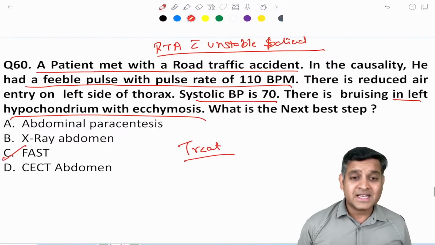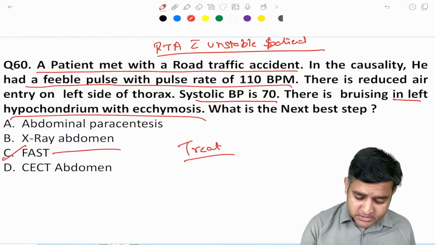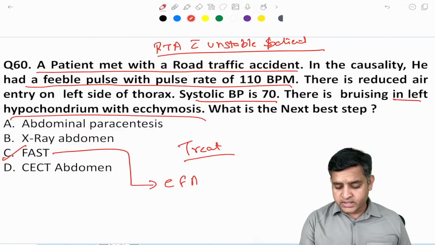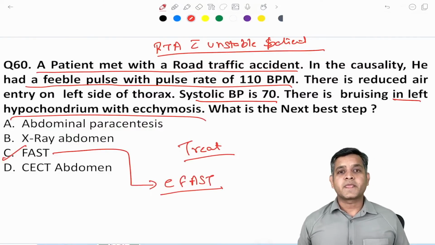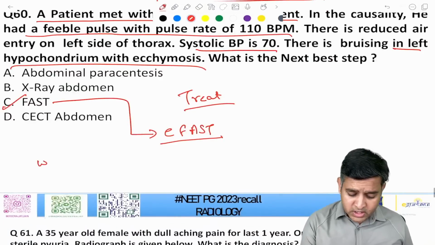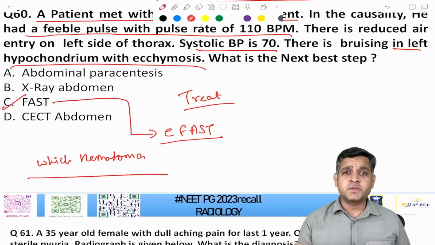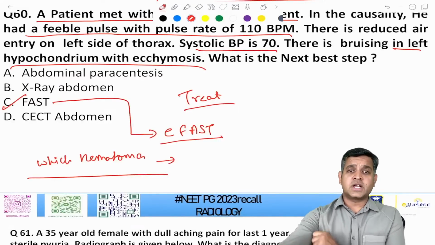And what is that? And that is FAST. Focused Assessment by Sonography in Trauma. And nowadays it is not FAST, nowadays it is E-FAST. Who will tell me which hematoma cannot be seen on E-FAST? What is your answer?